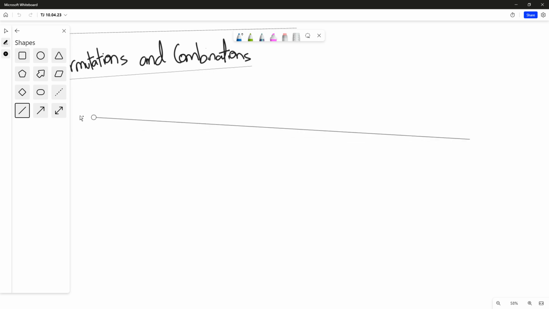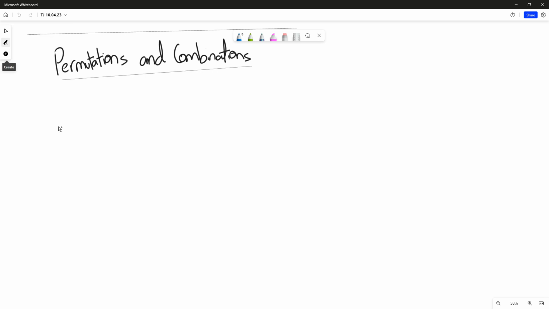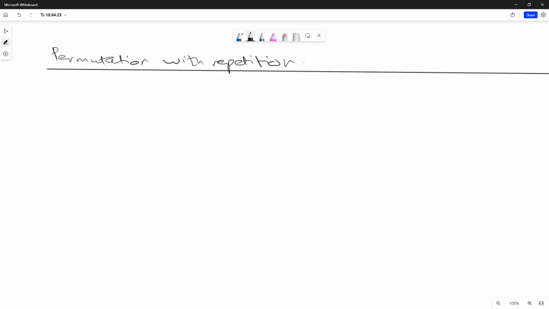So the first one I want to look at is a permutation, and in particular a permutation with repetition.